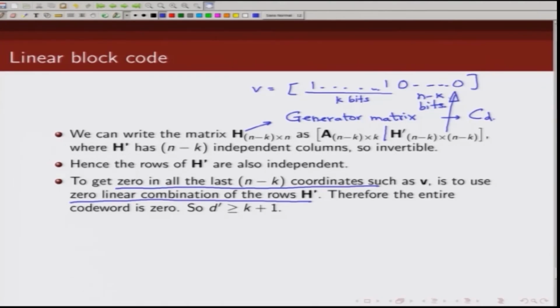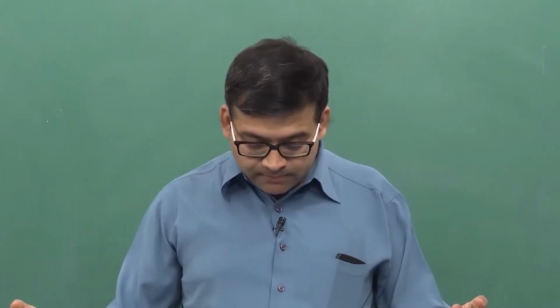Why? Because these are linearly independent columns and rows. So the only way we can get all 0 here is if we take a 0 linear combination. So we multiply all the rows of this generator matrix by 0. But if we do that, what is the code word that we get? It is the all 0 code word.